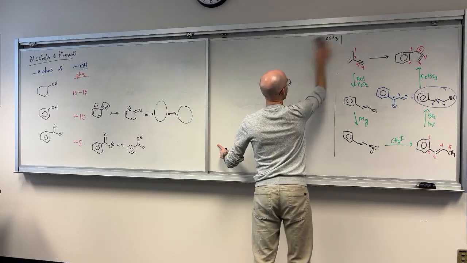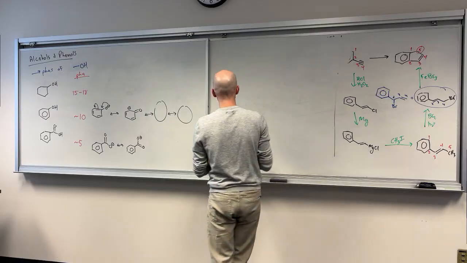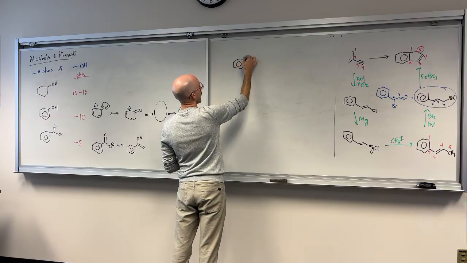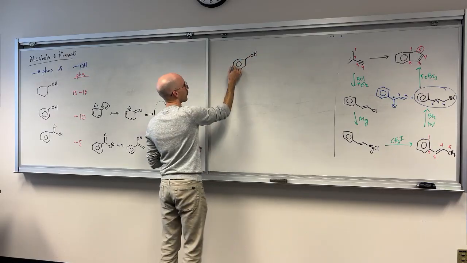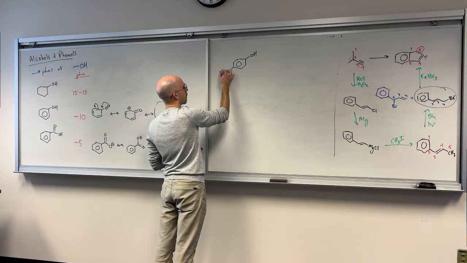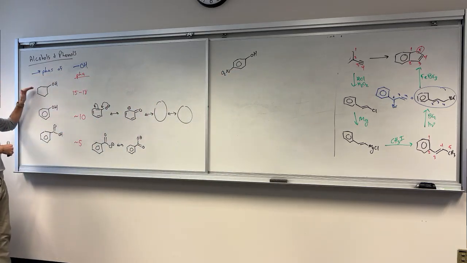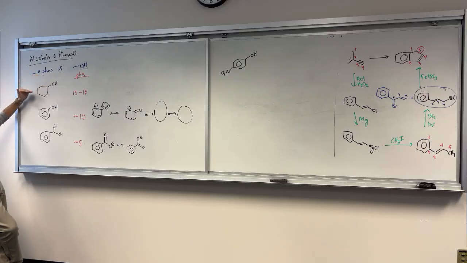All right, now here's another compound. I want you guys to tell me what range you think the pKa falls in. Does it fall above alcohol, between alcohol and phenol, between phenol and carboxylic acid, below carboxylic acid, or is it pretty much at one of those ranges?